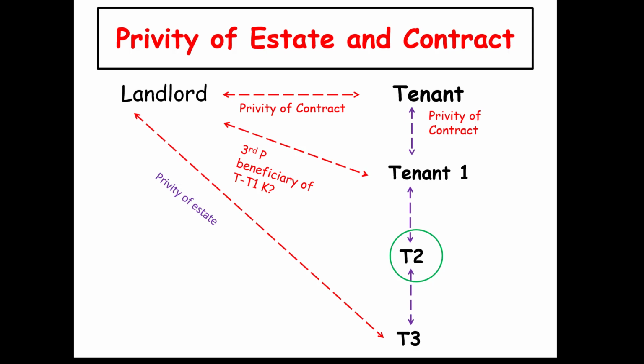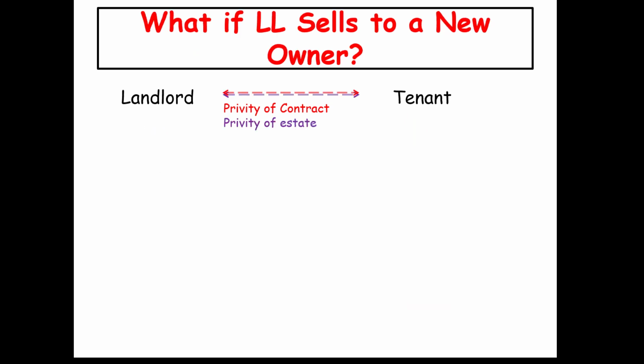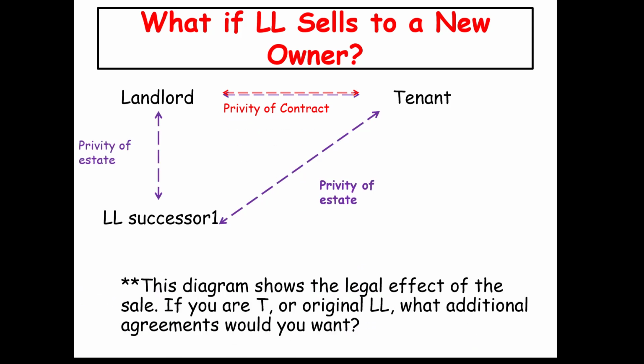Now, what if instead of the tenants transferring their leasehold estate, the landlord sells to a new owner? Remember, the landlord has the fee simple, and they can alienate the fee simple just like the tenant can alienate the leasehold estate. So the landlord sells to a new landlord, the landlord's successor, and that will be a written deal because the statute of frauds requires it.